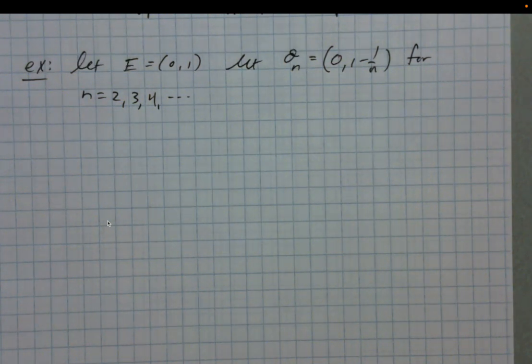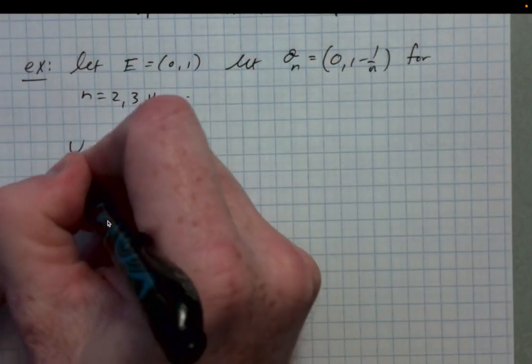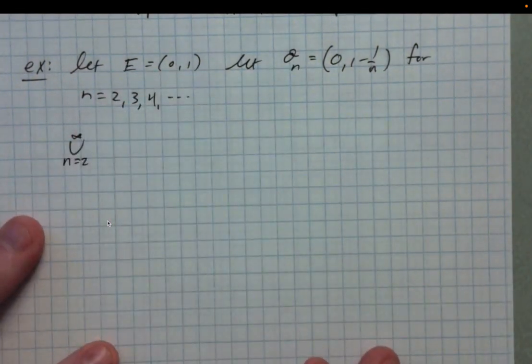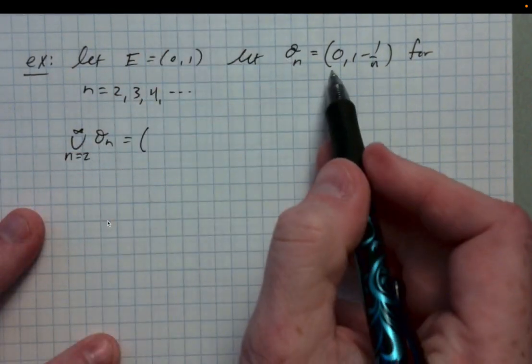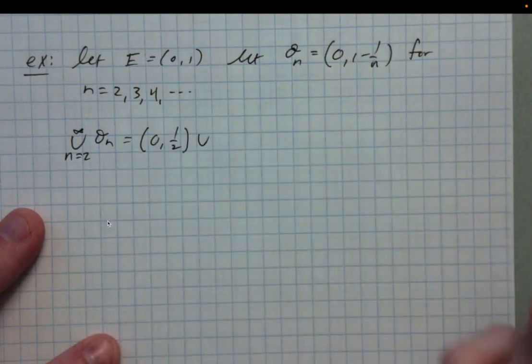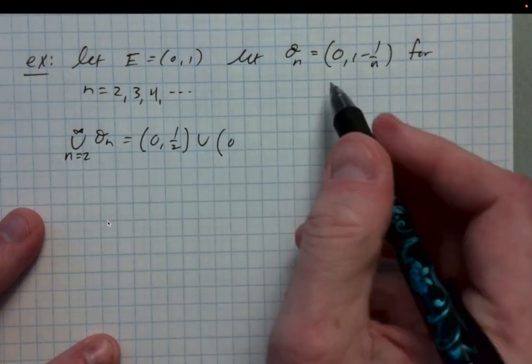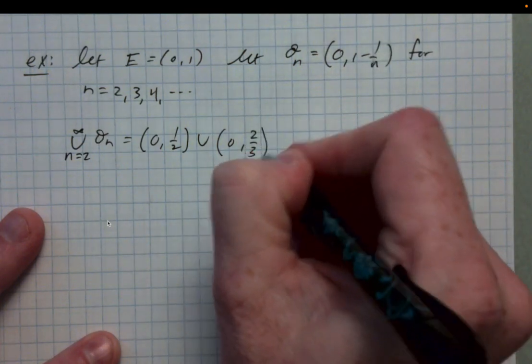Right, so what does this look like? Well, the union of all of these, n equals 2 up to infinity of O sub n, is going to be what? Well, the first one would be 0 to 1 minus a half, so 0 to a half. And then union 0 to what? Well, it'd be 1 minus a third, so 0 to 2/3.